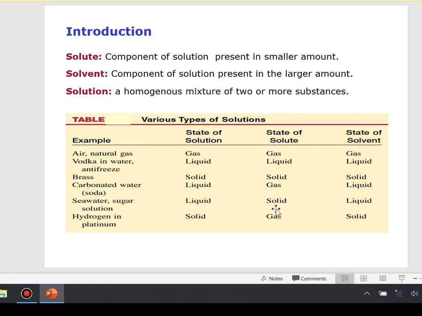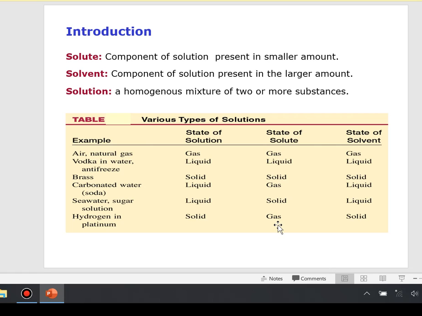Another example is one in which the state of solute is solid and the state of solvent is liquid, such as salt dissolved in water or sugar dissolved in water, and the state of the solution is also liquid.